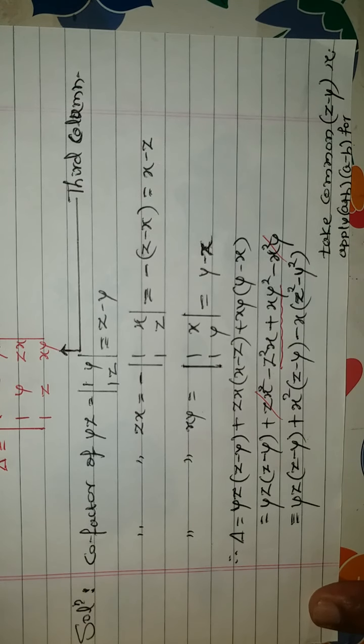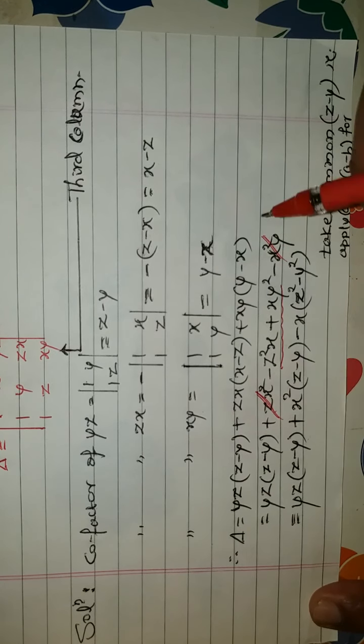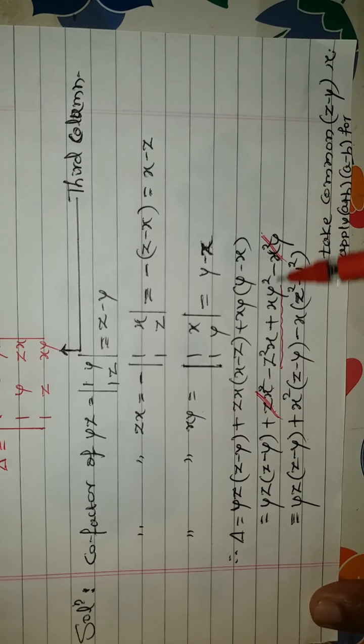Here I have marked the terms like this, eliminated zx square and x square y, because here one common factor we get, that is x square.